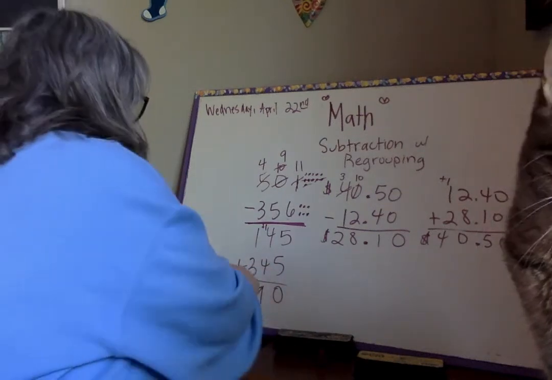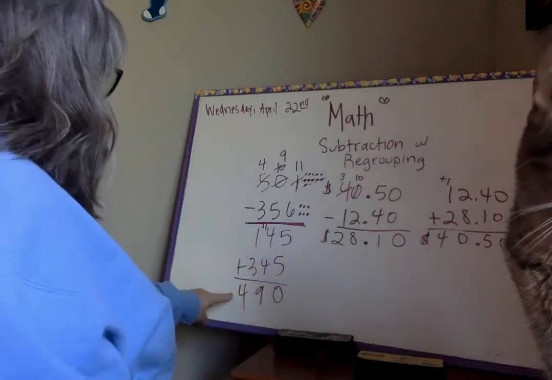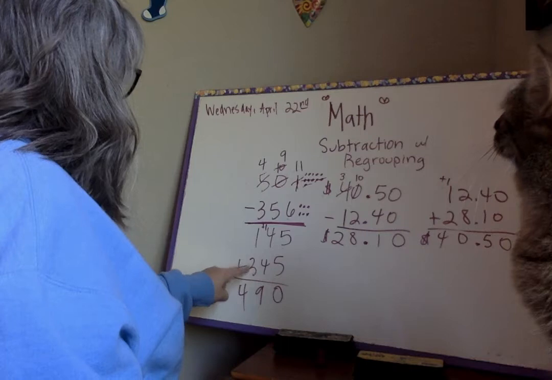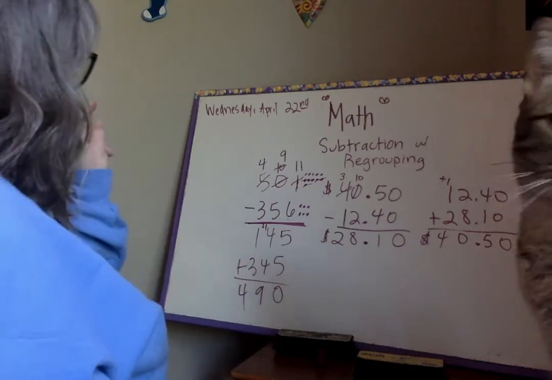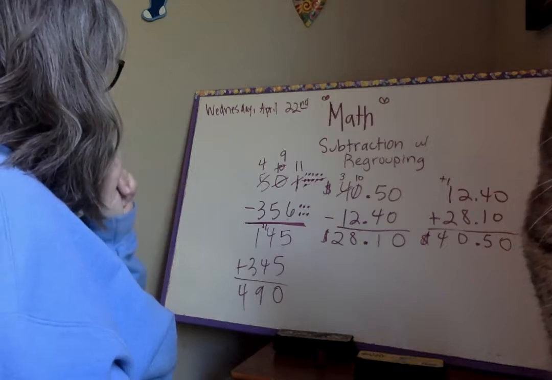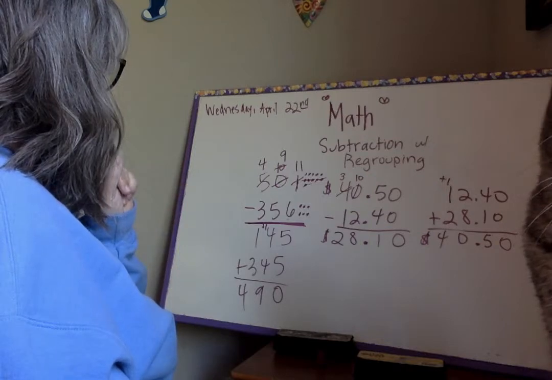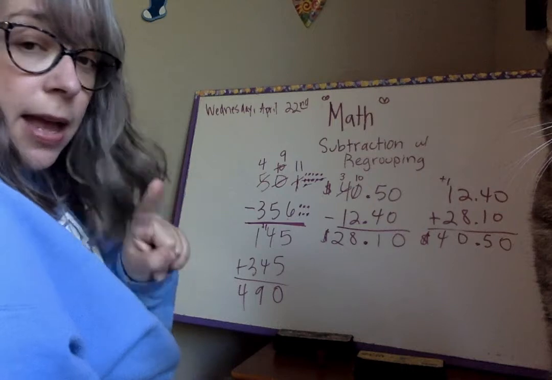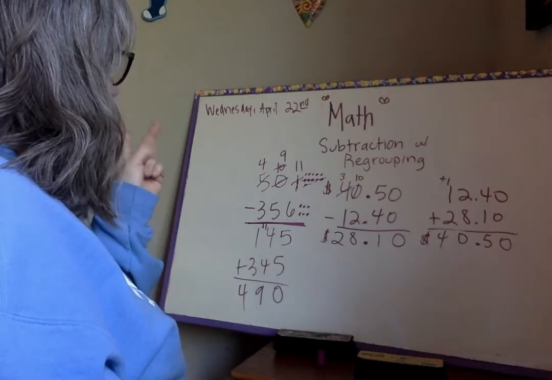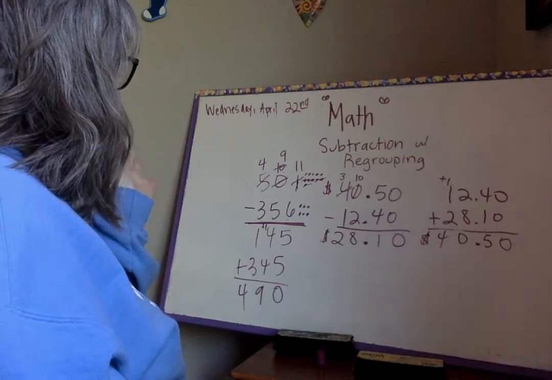And 3 plus 1 is 4. 4, 3, what did I do? Let me check my answer. 1, 0, 8, 9. See? Excellent reason why we check. Okay, so 5, 6, 7, 8, 9, 10, 11.